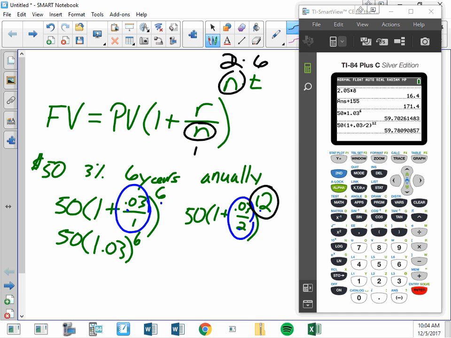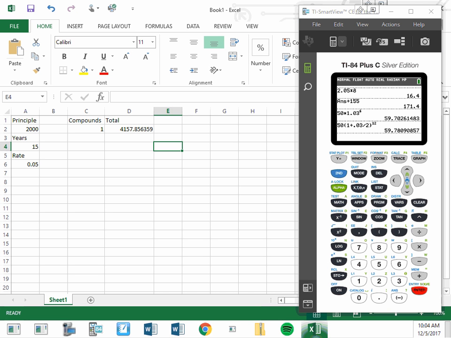Okay, I have built a calculator. This little calculator has the formula built in. You can see it right there, and then we can type in anything we want for principal, years, rate, and compounds. I want to show you what happens as we increase the number of compounds.